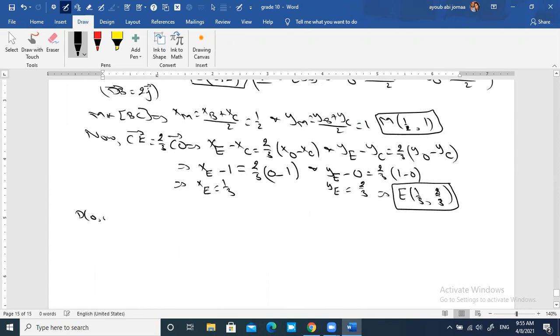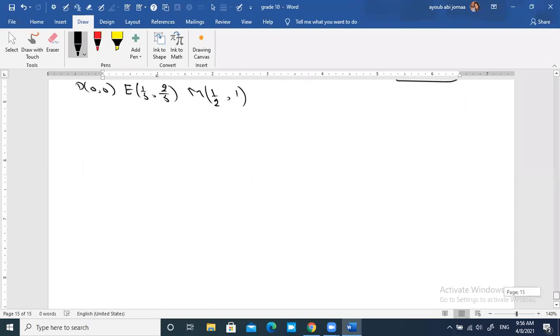D has coordinates 0, 0. E is 1/3, 2/3. And M is 1/2, 1. Same procedure as every time.